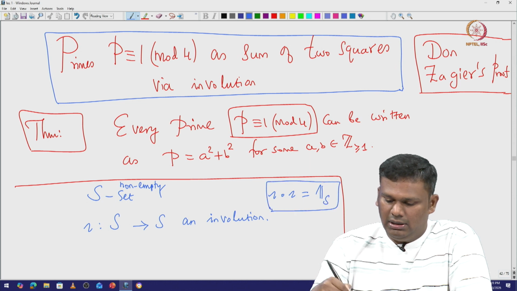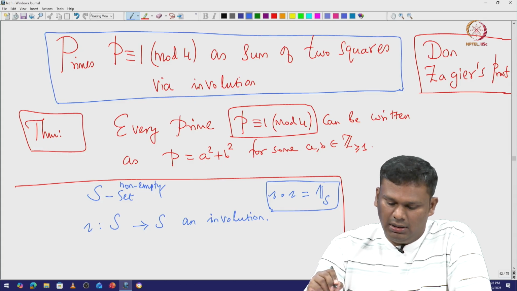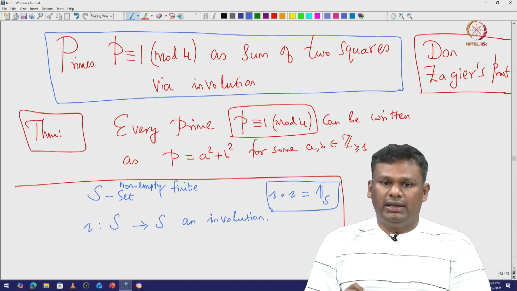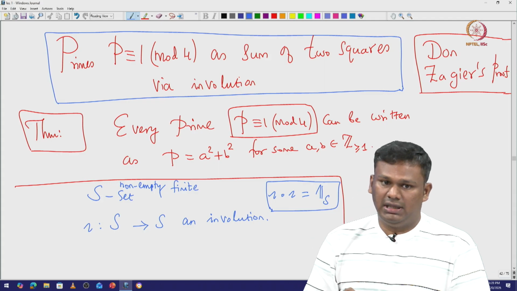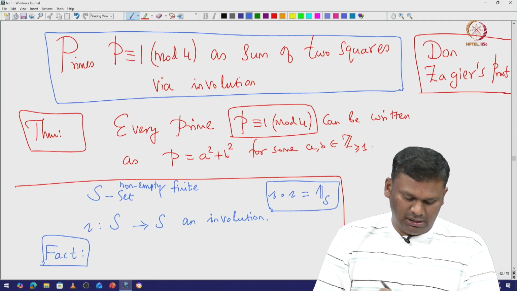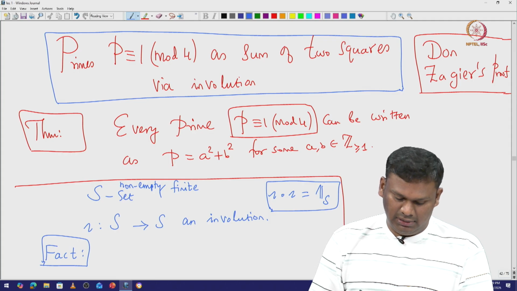In particular, iota must be an injective map. If we take a non-empty finite set, then any injective map from S to S will be bijective. This is a fact which I am going to use, and it will be proved when we discuss the cardinality of a set.